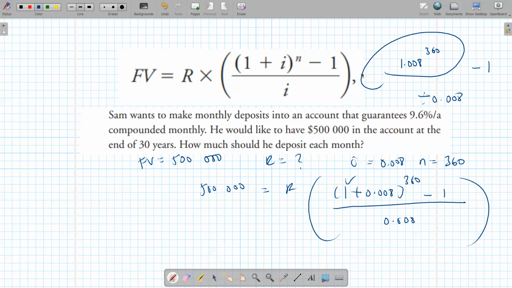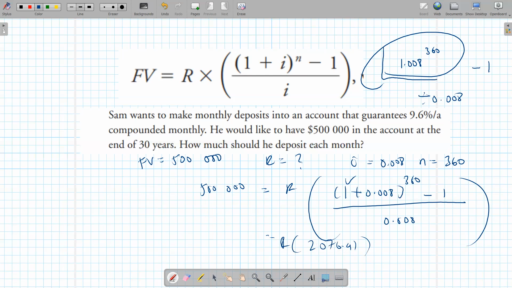I got 2076.413. 1.008 to the power 360, minus 1, divided by 0.008. I got 2076.41.